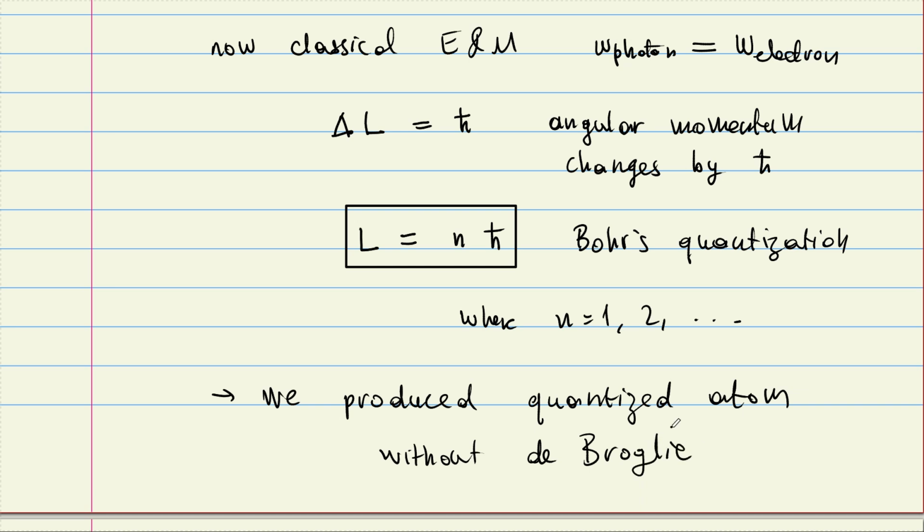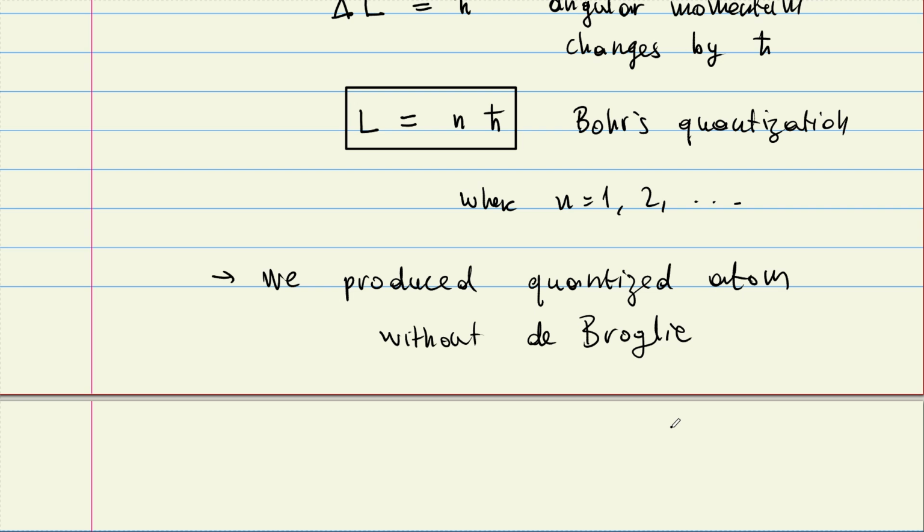And that was the case because Bohr did his work 10 years prior to de Broglie. And number n, what? n is the quantum number, right? n is 1, 2, 3, up to infinity.